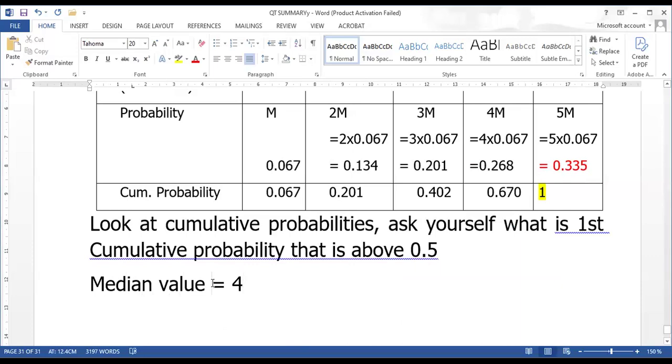The median is the value of x that gives us the first cumulative probability which is above 0.5.